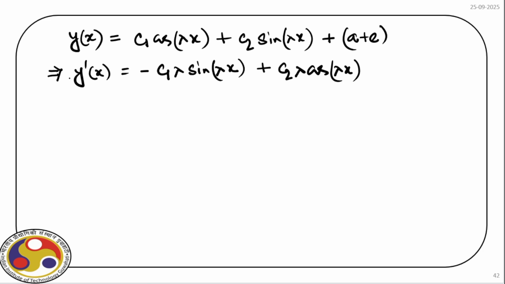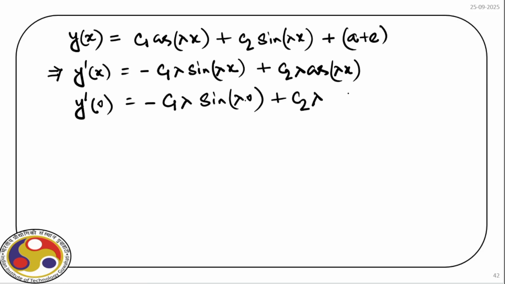If we put the second boundary condition, which says y prime of 0 is equal to 0, we have minus C1 lambda sin lambda times 0 plus C2 lambda cos lambda times 0, which is equal to 0, and therefore C2 is equal to 0.